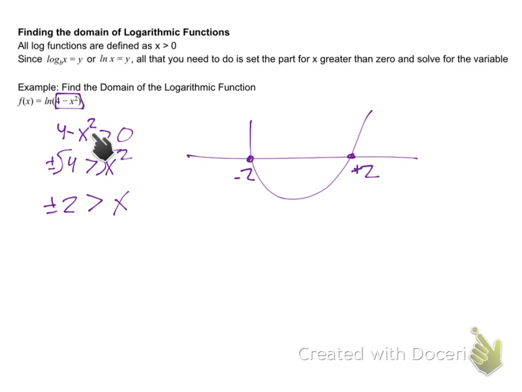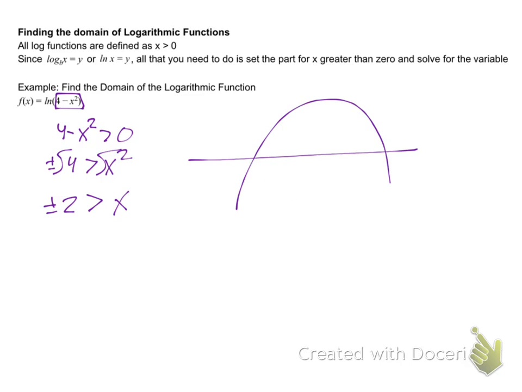Technically, I could change this to an equal sign to find my critical points. It's plus or minus 2. So I put them on here. Isn't it supposed to be like this? Oh, up and down. That's okay. Now we got 2 mistakes. I'm going to regraph it. Yes, it should open down, not up.